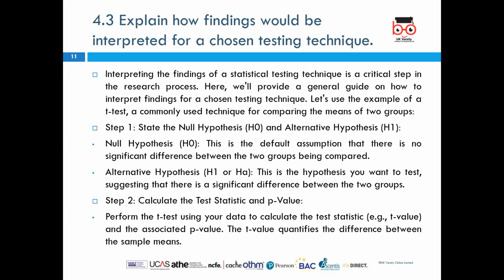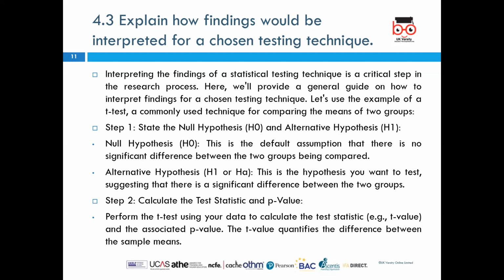So the first step is to state the null hypothesis and alternative hypothesis. The null hypothesis we studied in our last session. This is the default assumption that there is no significant difference between the two groups being compared. So that is how you formulate the null hypothesis. The alternative hypothesis is the hypothesis you want to test, suggesting that there is a significant difference between the two groups.